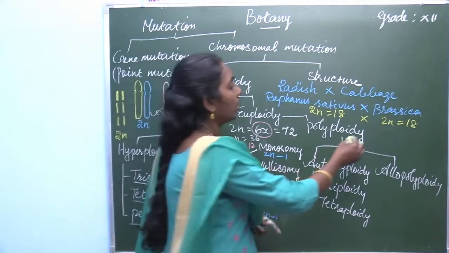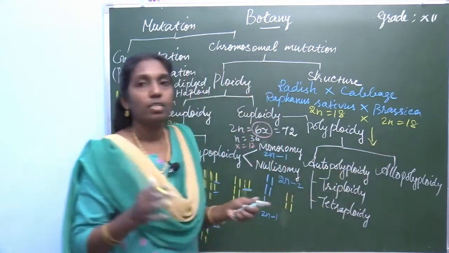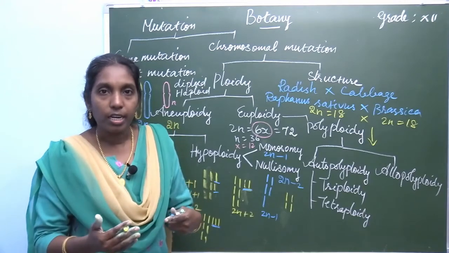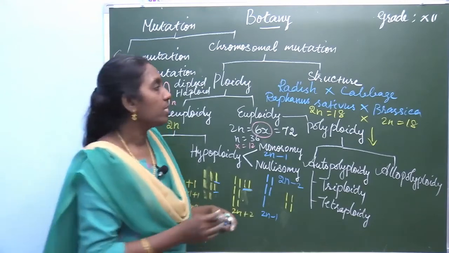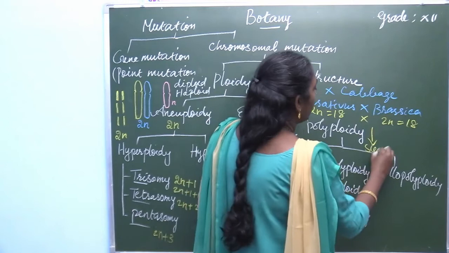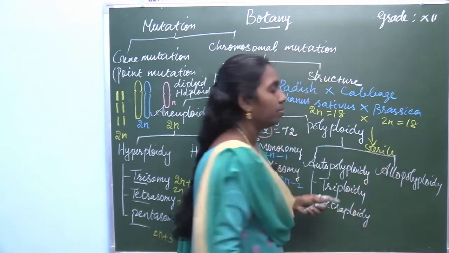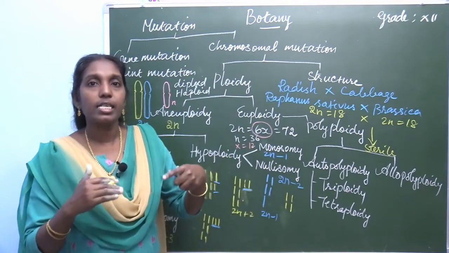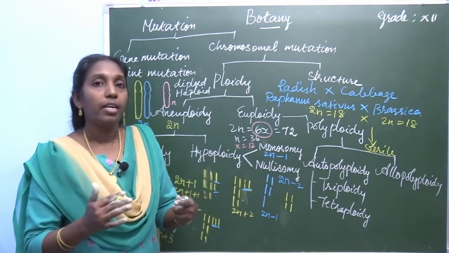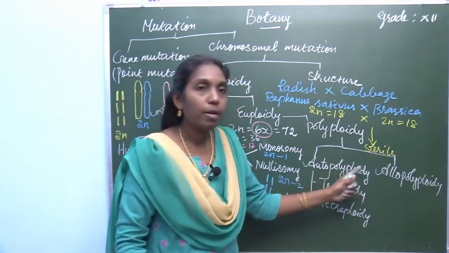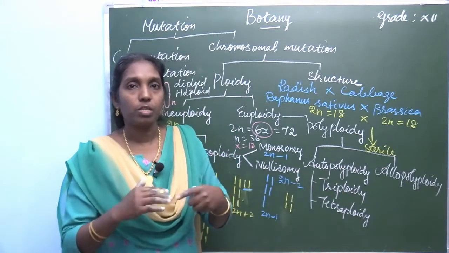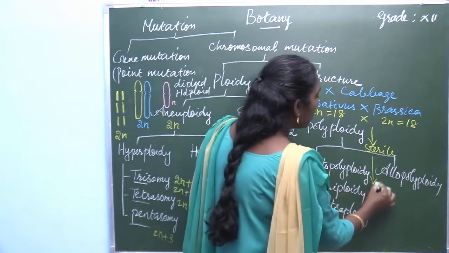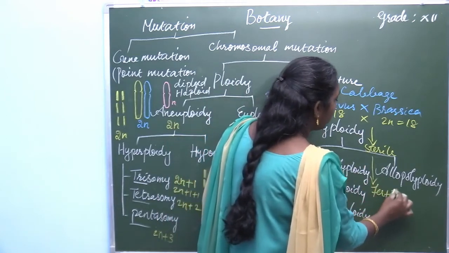In the F1 generation, when they make a cross between these two, it produces a sterile plant. This sterile F1 plant's chromosomes are doubled by colchicine treatment, so the next generation becomes fertile.